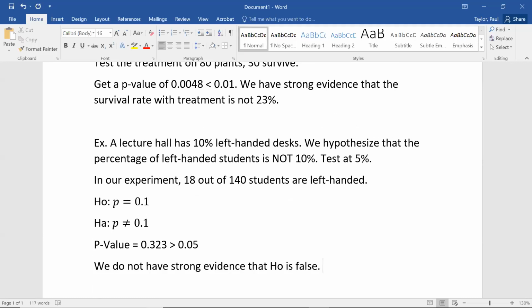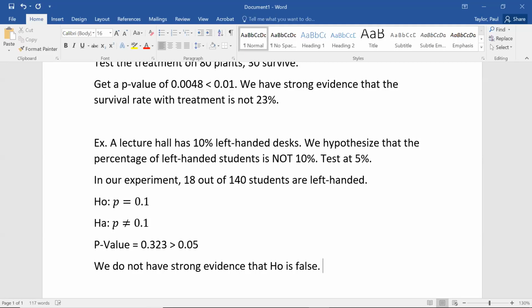Well, no, it might be 11%, it might be 9%, it might be 12%, we don't know. All we know is that what just happened could have happened if it were 10%. So we have no reason to believe that that number is false. Maybe it's right, maybe it's wrong, we don't know. So we don't want to say we have strong evidence that the proper proportion is 10%, because we don't.